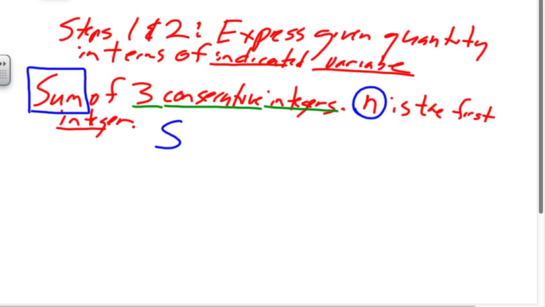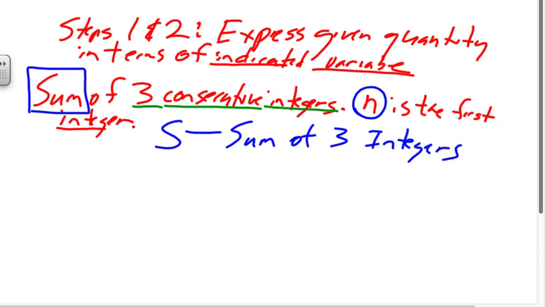Our treasure, what we're trying to get at, is the sum of the three integers. All right? Crucial fact: they're consecutive, which means in order.